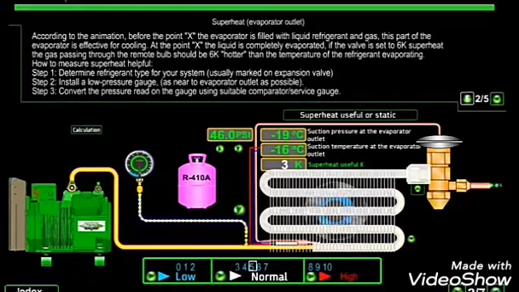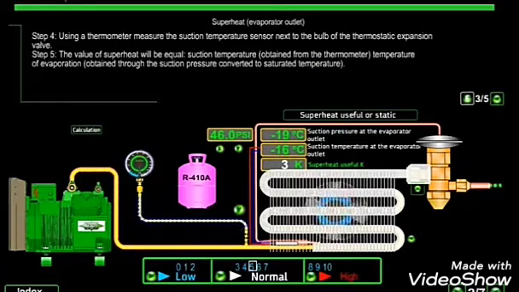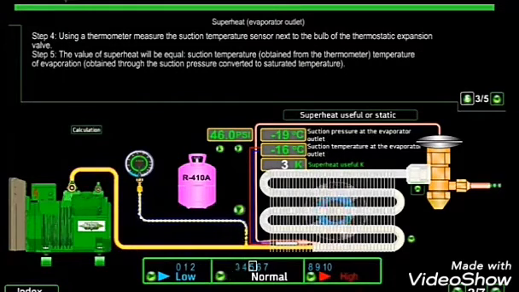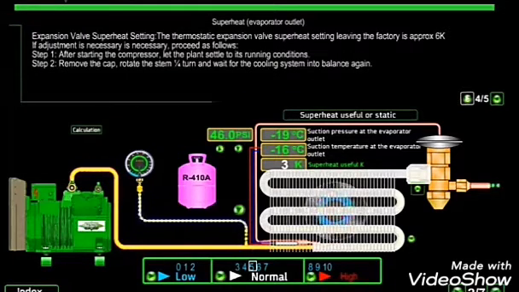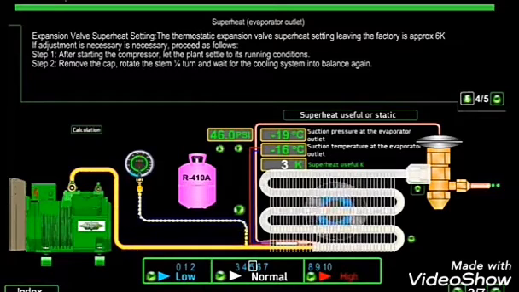The function of the thermostatic expansion valve is to control the flow of refrigerant into the evaporator and cause a pressure drop. It must maintain a superheated vapor at the outlet of the evaporator regardless of load.